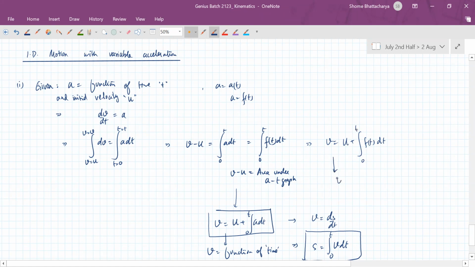This will give us v as a function of time. And then from that we will get displacement again as a function of time.